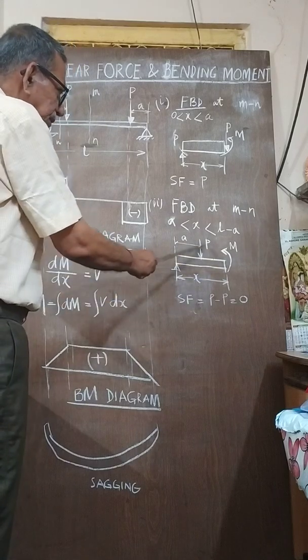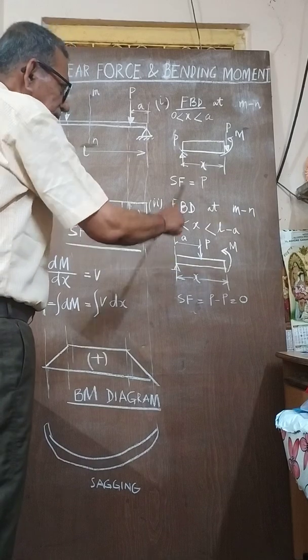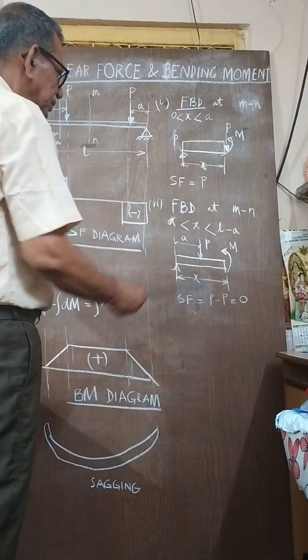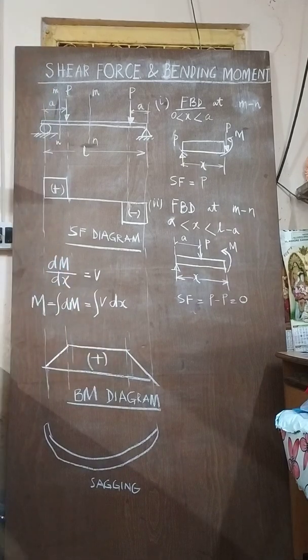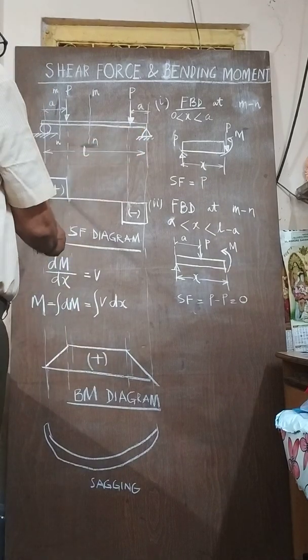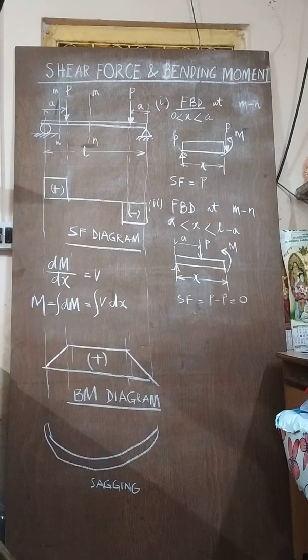This is a clockwise moment, this is anticlockwise, so this is the equilibrium equation. Here SF is P minus P, which is equal to 0. Based on this, we have drawn the SF diagram here.